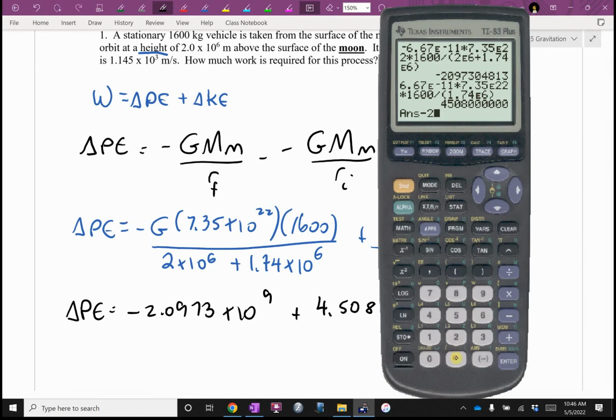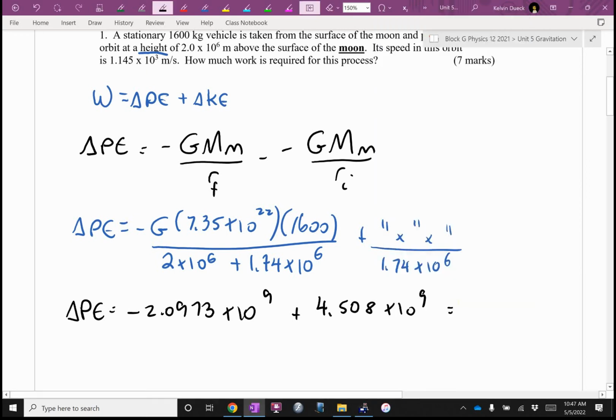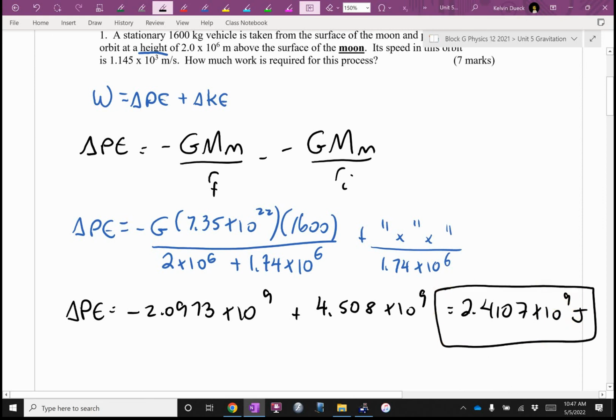Take away 2.0973 times 10 to the 9th, or plus negative, but that's the same as take away. And okay, the change in potential, I get 2.4107 times 10 to the ninth joules. I'll put a box around that so I can find it easy later.